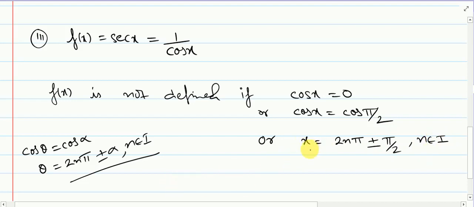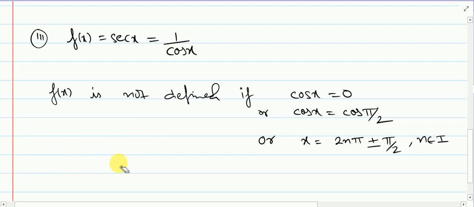So for all x which are of this type, your function f of x is discontinuous. Clear? So here we have got an infinite number of points of discontinuity.